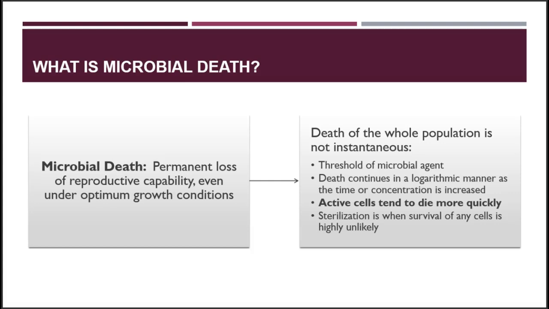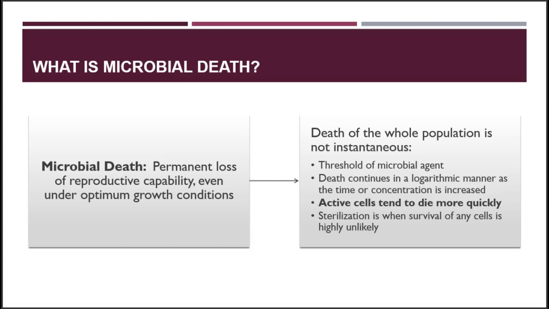Death will proceed in a logarithmic manner, so it will start slowly, and then as the organisms or the population is exposed to that over a greater amount of time, more and more microbes will die, and that curve will increase logarithmically.